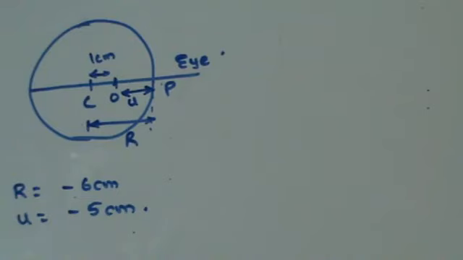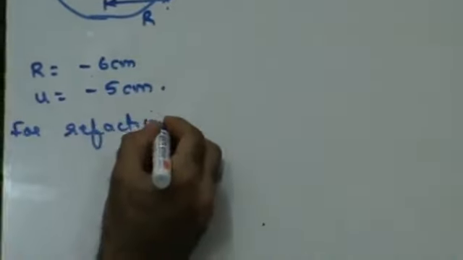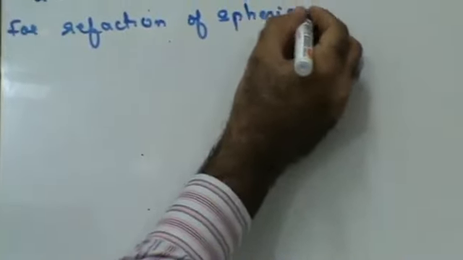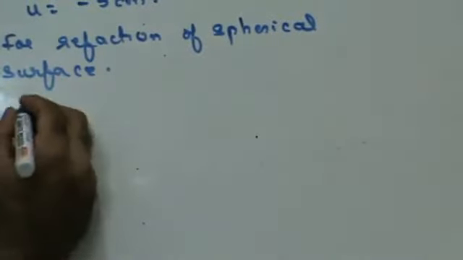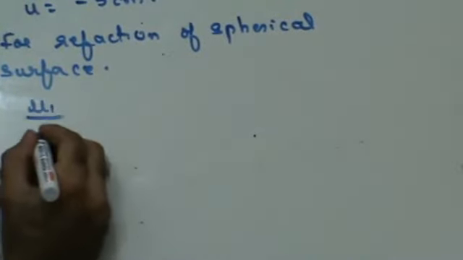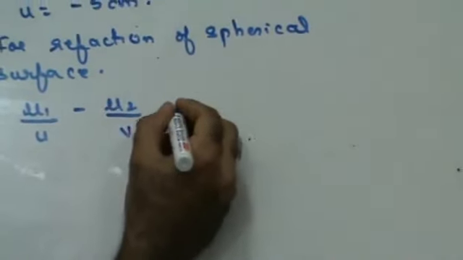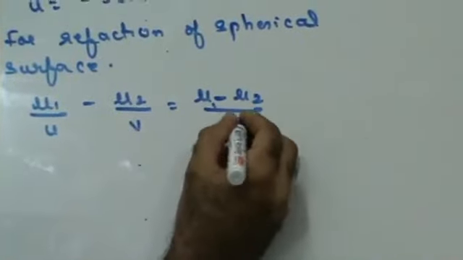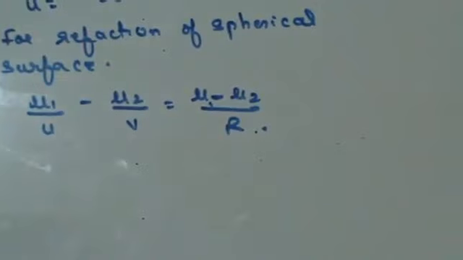Now, for the refraction at a spherical surface, you have the formula that mu1 upon u minus mu2 upon v is mu1 minus mu2 upon R. This is my spherical surface formula, right?